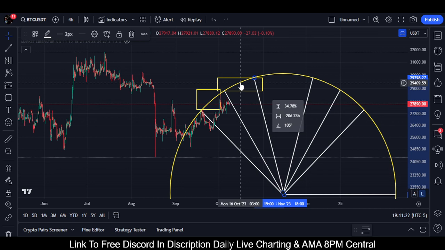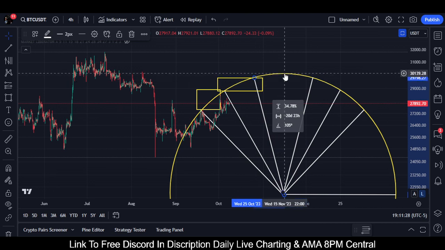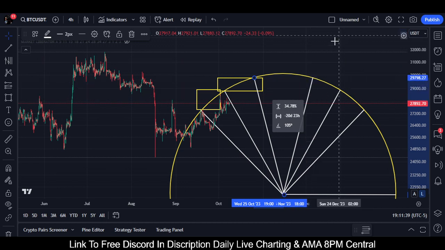And somewhere between October 15th and October 25th, October 30th. And if we come up to 90 degrees, this is where we're hoping to just get a pullback and continue on our way to the upside.